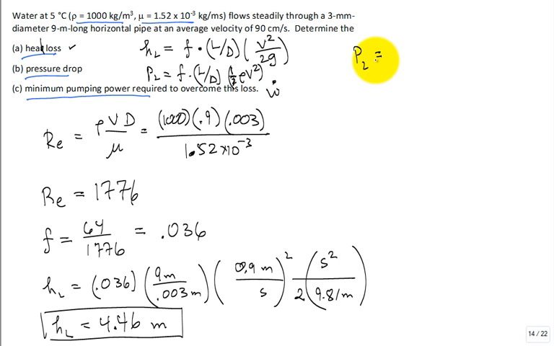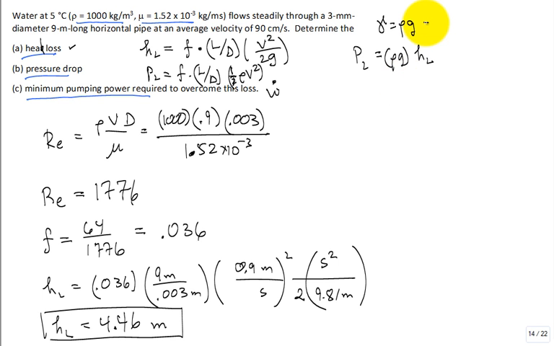Well, you can do this. If you already know the head loss, what's the relationship between the head loss and the pressure loss? If I multiply by rho g, or the weight density, gamma, of the fluid, I'll be able to convert it.